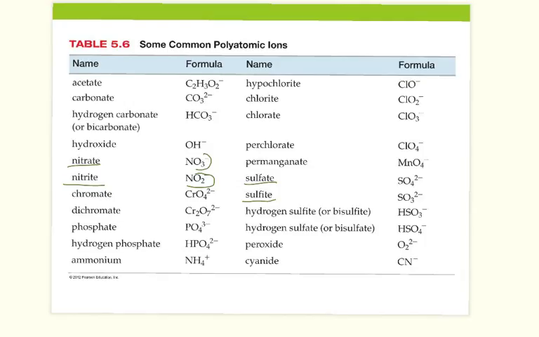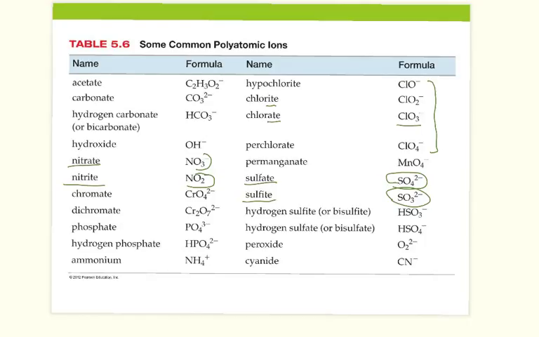Sulfate, because it has the ate ending, will go to the 4 oxygens, and sulfite will go to the 3 oxygens here. In the case of when you have more than one combination, like for chlorite and chlorate, chlorite goes to the one with the fewer oxygens, chlorate goes to the one with more oxygens.